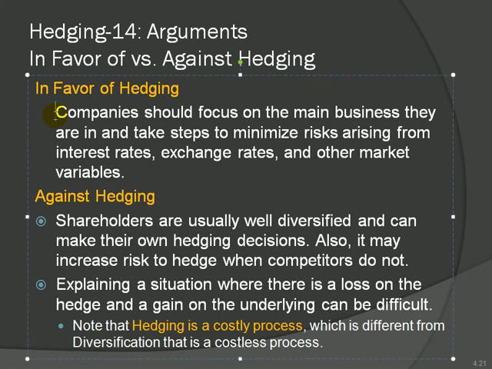Because a company should focus on the main business that they are in. And hedging is trying to minimize risk arising from many financial variables. Okay? So it reduces loss. That might come from these financial variables' fluctuation. But then remember, it's going to reduce gain as well. Okay?